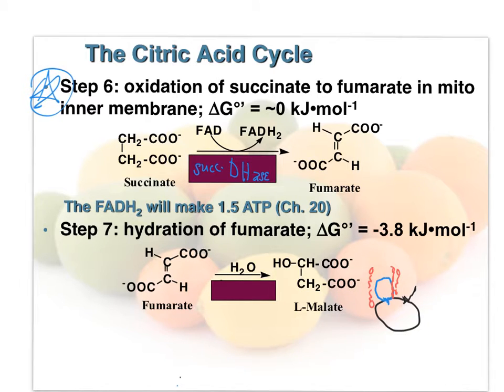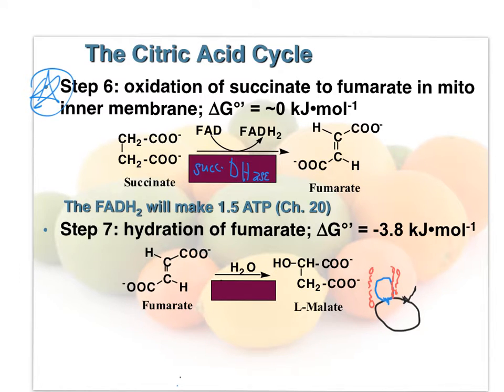Okay. And then we have fumarate. Fumarate becomes malate. So water gets added, and that's what malate looks like. And this enzyme is one that's got a special name. This one's fumarase.